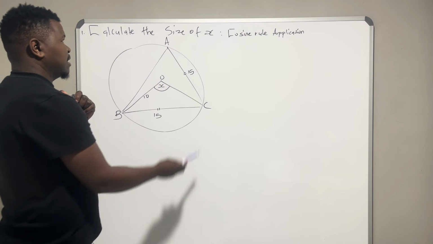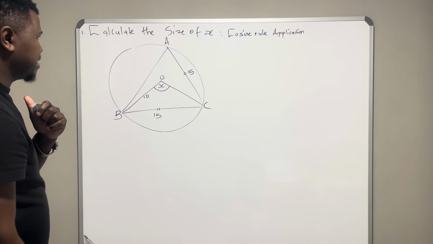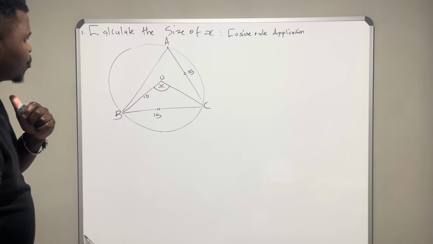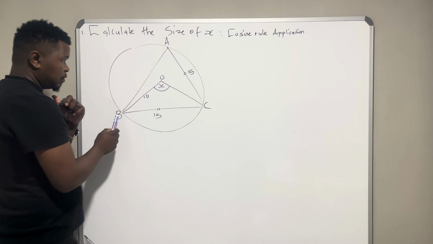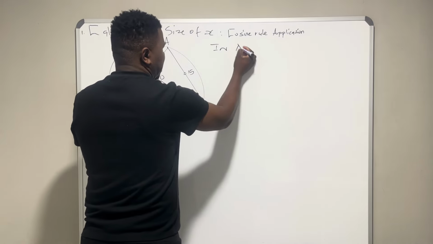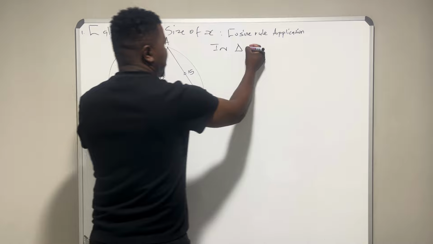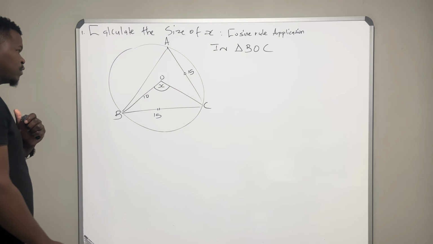Here is the thing. They want us to find x. So how to find x? Let's be specific. Which triangle are we dealing with? In triangle BOC. That's my focus, triangle BOC.